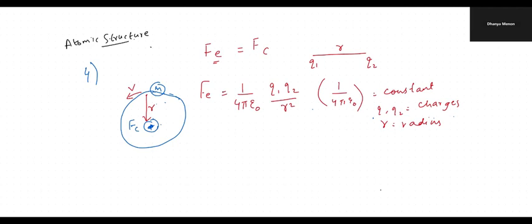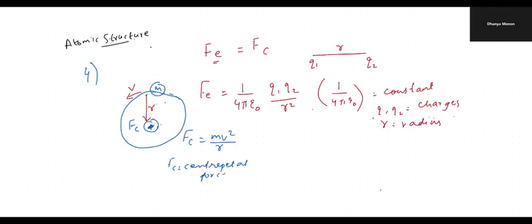So the centripetal force Fc is given by mv square by r. So whenever a particle with mass m and velocity v is moving in a circular path, the centripetal force is given by mv square by r, where Fc is the centripetal force.